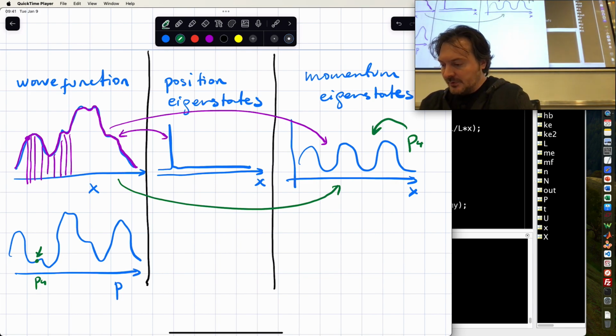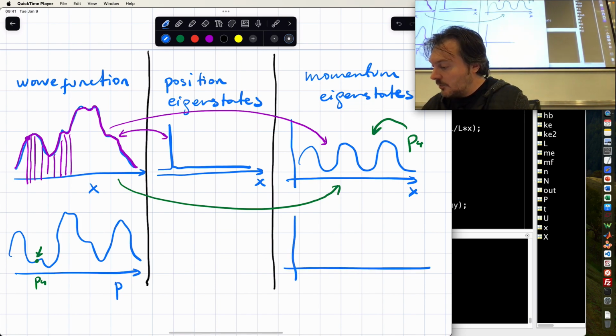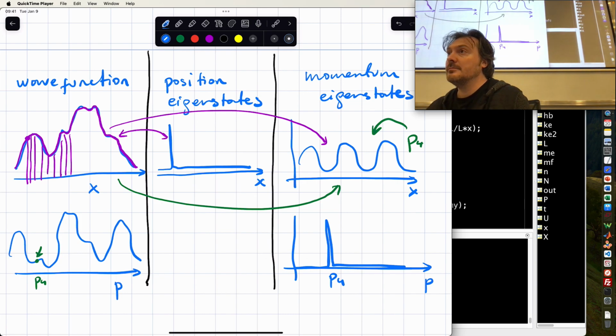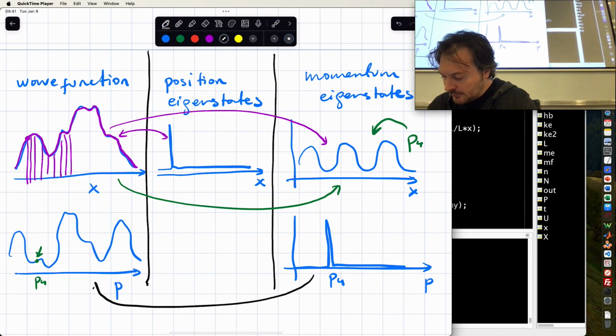I could have plotted this in momentum space. In momentum space, P4 looks like this, and that's why I multiply these two and simply get that value.